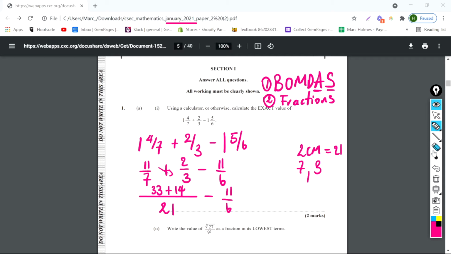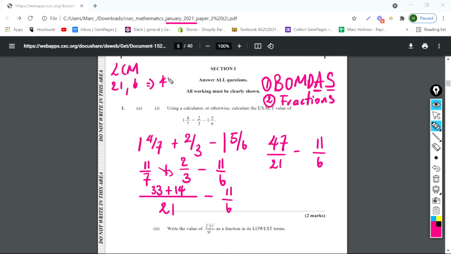Cool. Let me give myself some space over here. So that should actually give me 47 over 21 minus 11 over 6. Cool. So guys, we need to find the LCM again, the LCM between 21 and 6, and the LCM between 21 and 6 is 42. So we're going to do the same thing here, except we're going to subtract.